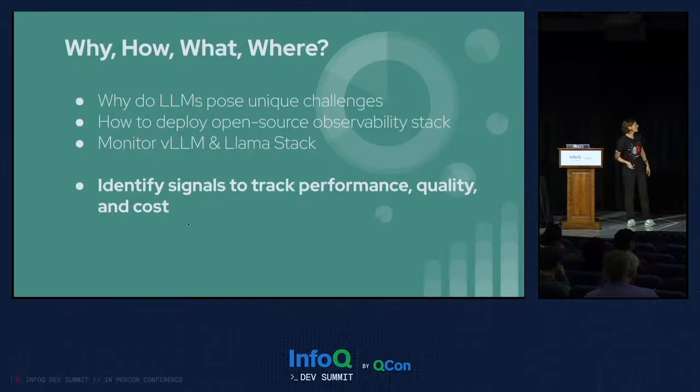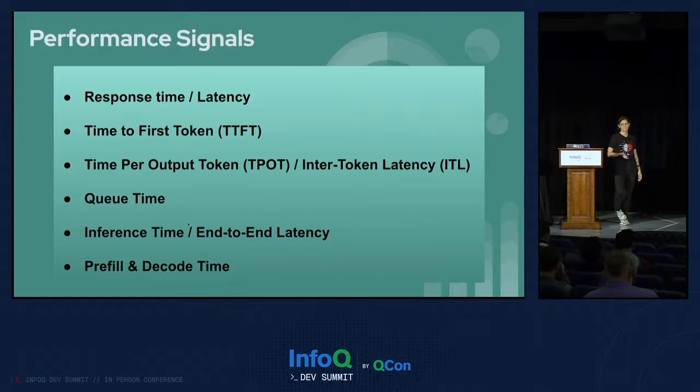So here are some signals that are important to track when you're monitoring your AI workloads. There's performance signals, cost signals, and quality signals. And all of these correspond to metrics, usually in the model server.